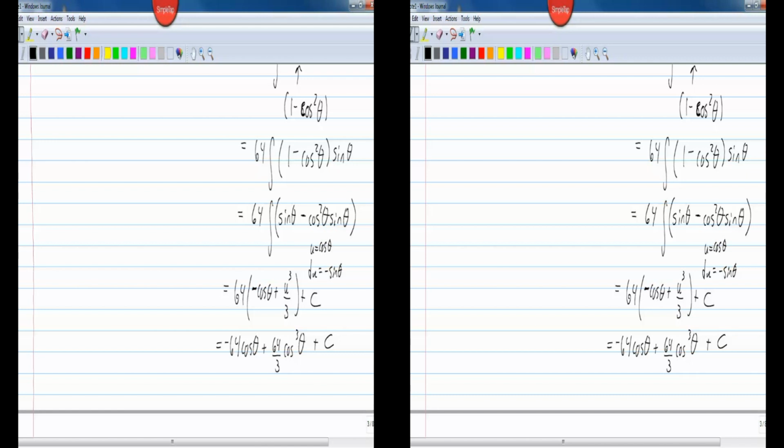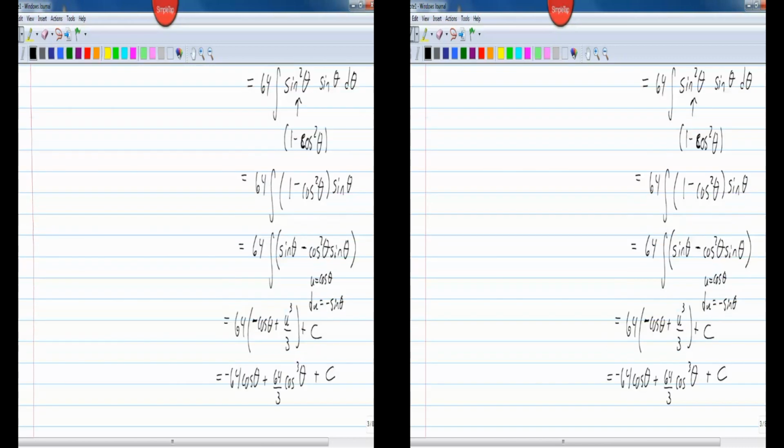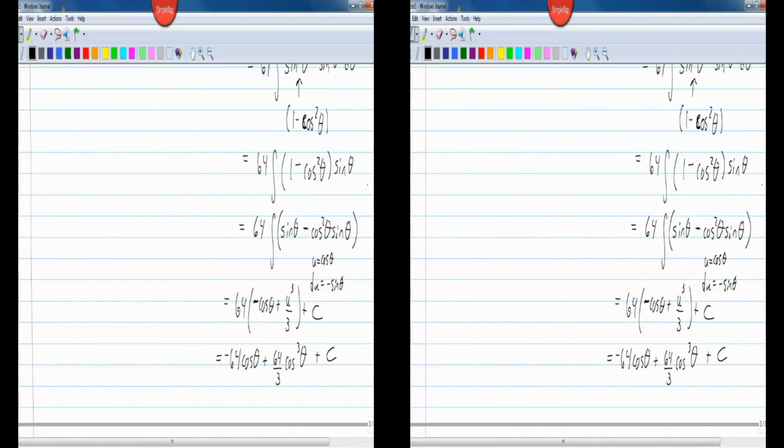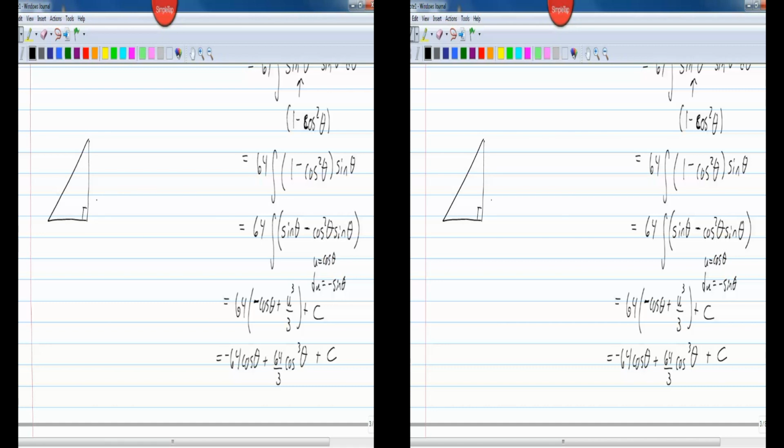Alright, so I plugged my u back in, and now I don't want to leave my answer like this because this isn't algebra. This isn't the way that it was originally set up. So the key to converting this back over to algebra is this right here, x equals 4 sine theta. So now I'm going to come in and make a right triangle. X equals 4 sine theta, so sine theta equals x over 4.